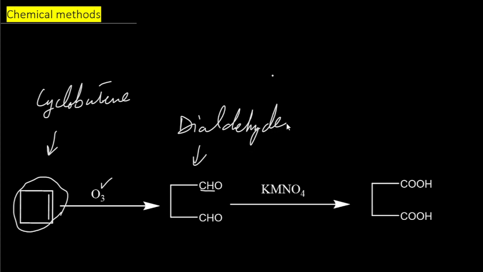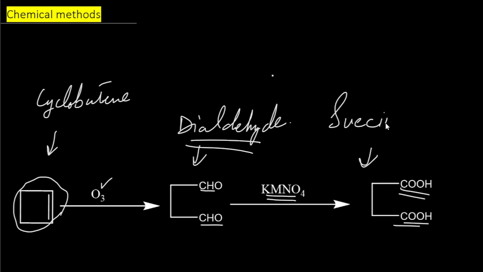Dialdehyde. When we do the oxidation in the presence of KMnO4, an oxidizing agent, oxidation of the dialdehyde occurs to give us a dicarboxylic acid. This carboxylic acid is known as succinic acid.